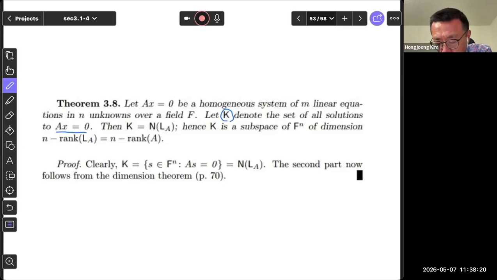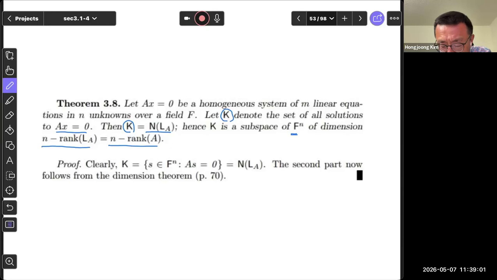Then K will be the null space of L sub A. In other words, K will be a subspace of F^n, and its dimension will be, by the rank-nullity or dimension theorem, n minus the rank of L sub A. That will be the dimension of K.